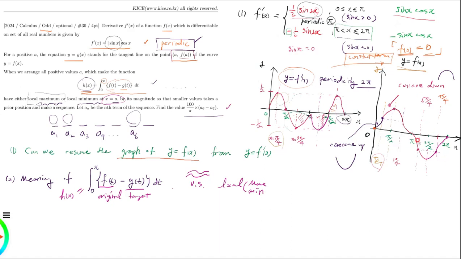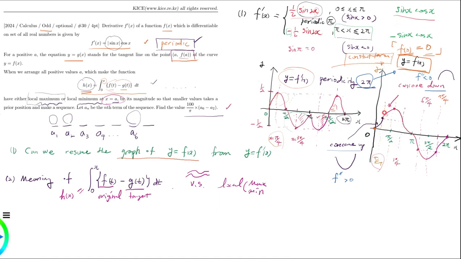So in summary, the shape of its original function y equals f of x is a periodic function with periodicity 2 times pi, but its characteristic is that it changes shapes. Concave up usually means its second derivative is positive, and concave down means its second derivative is negative.